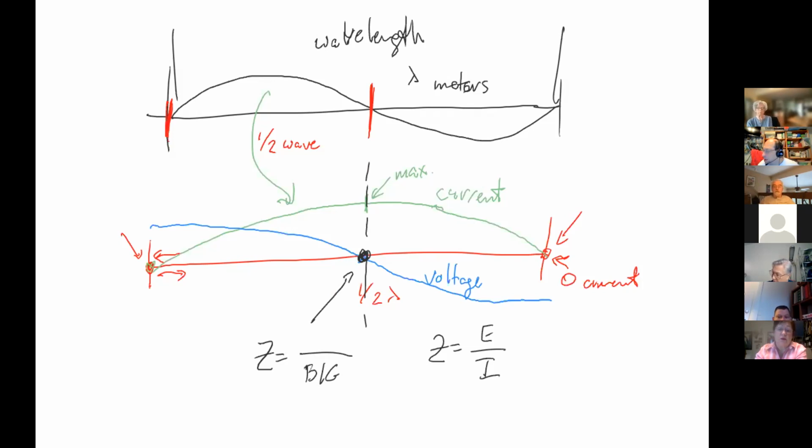Small. If we look at this qualitatively, what's small divided by big? It'd be small. Yeah, we'll just call it small. So that would be a low impedance. How about if we did it all the way at the end?